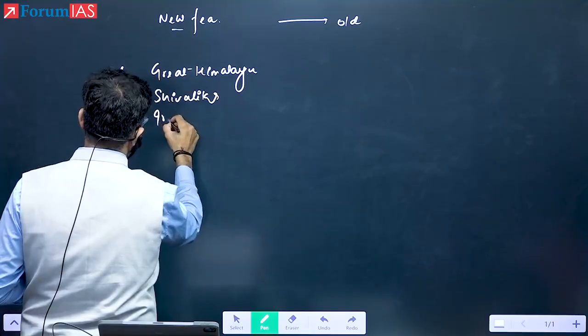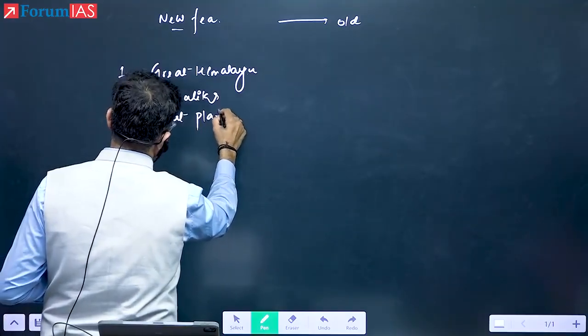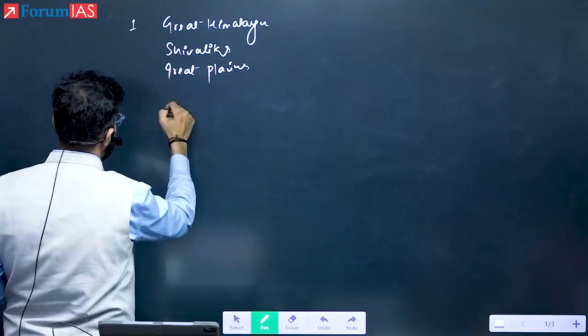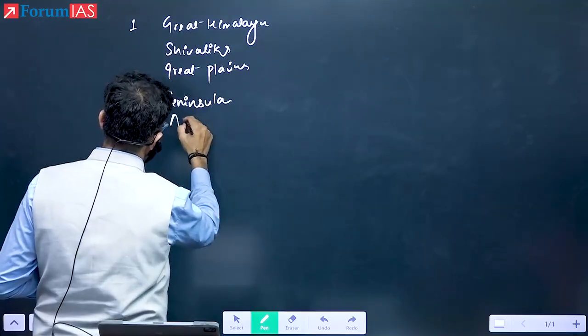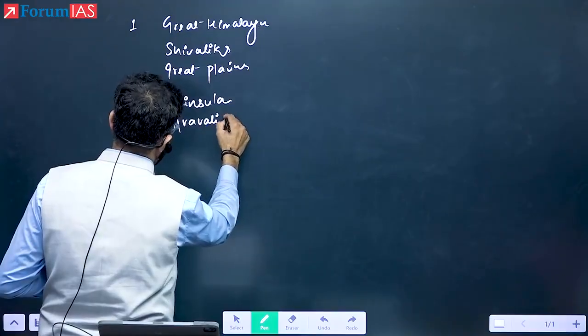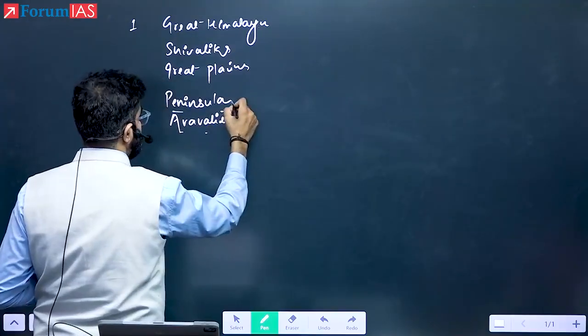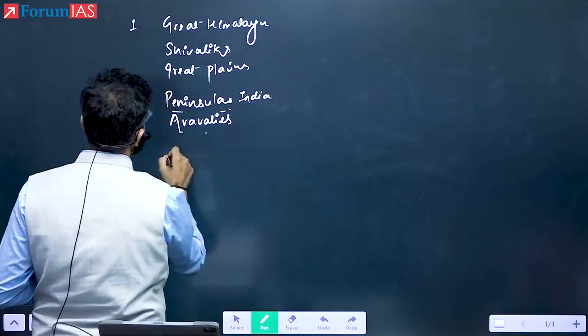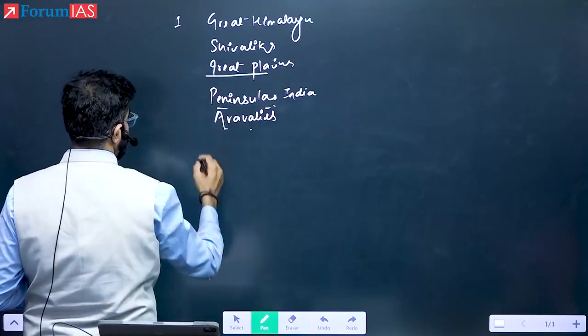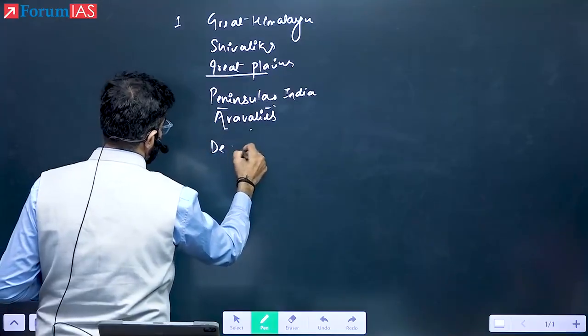Then Great Plains of India, then Peninsula of India, Aravallis, peninsular India or the peninsula of India. Aravallis, Great Plains I have written here, okay, and then Deccan Plateau.